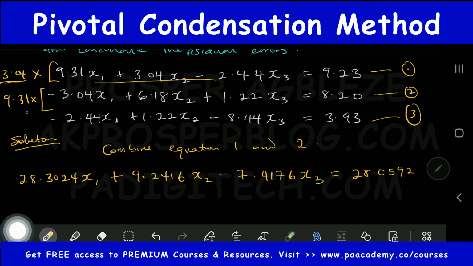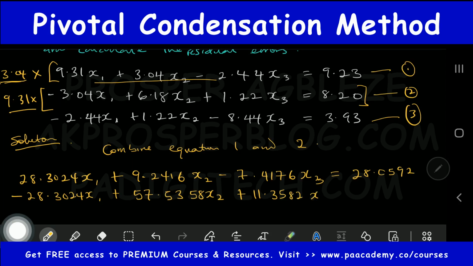So you're going to do the same thing for this second equation, 9.31 multiplied by everything right here up to this point. So for this we are going to get minus 28.3024 x1 plus 57.5358 x2 plus 11.3582 x3, equals 76.3420.